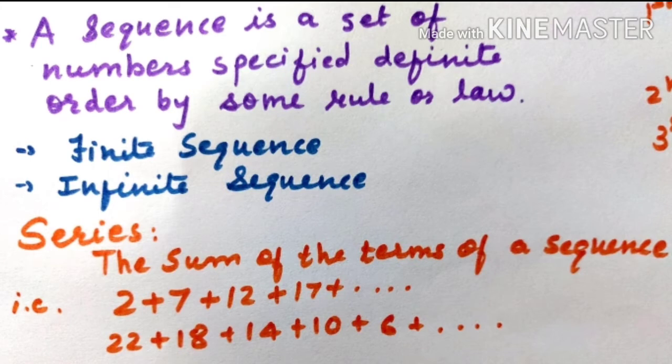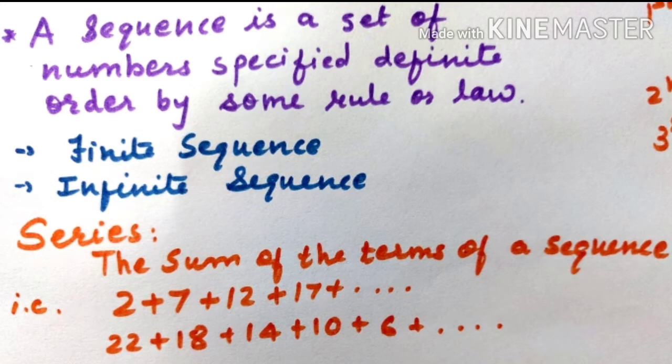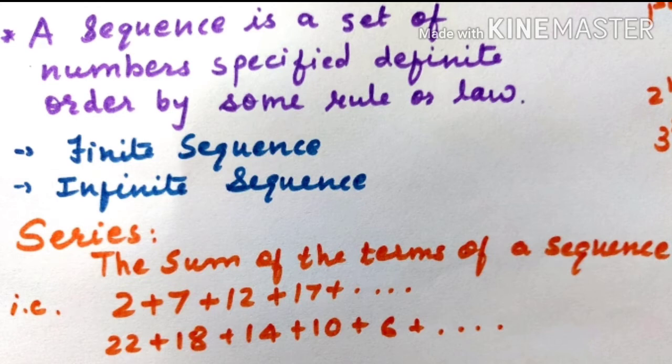The sum of the terms of a sequence is called a series. We have just learned that a sequence means some numbers in a specified order, following some rules. We have already seen such sequences in our examples.